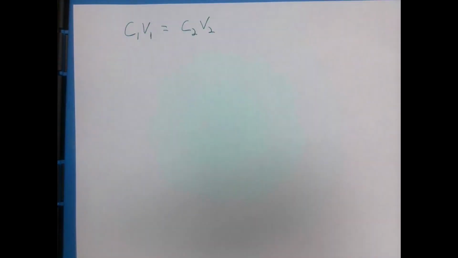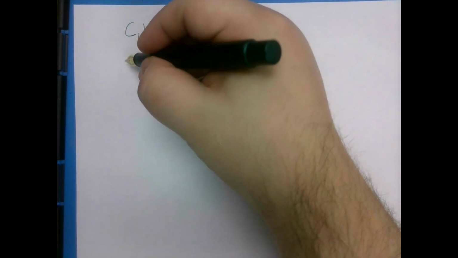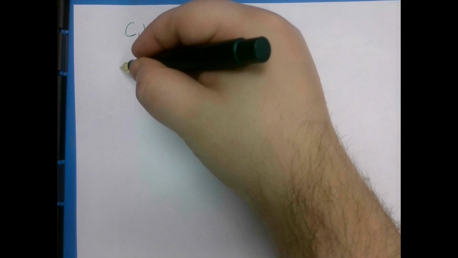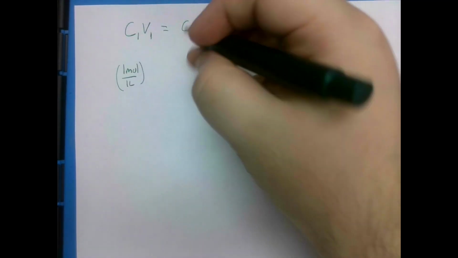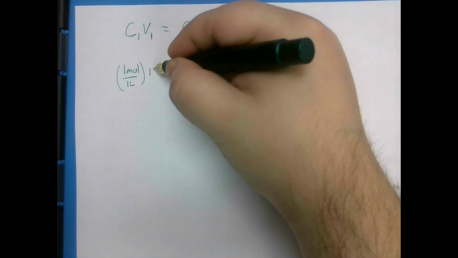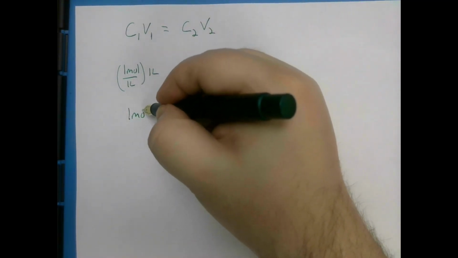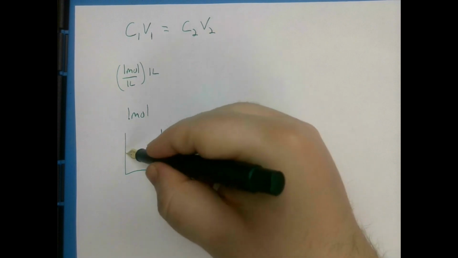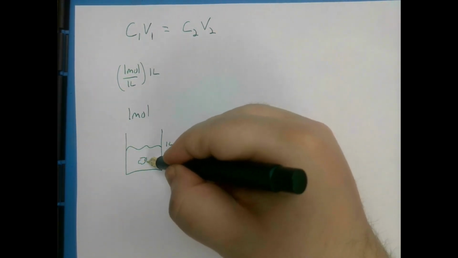So let's think about this in terms where concentration is molarity. If I have a molarity of 1 mole per 1 liter, and let's suppose I have 1 liter. That means I have 1 mole in my glass. So I fill it up to the 1 liter mark, and I'm over here with 1 mole.